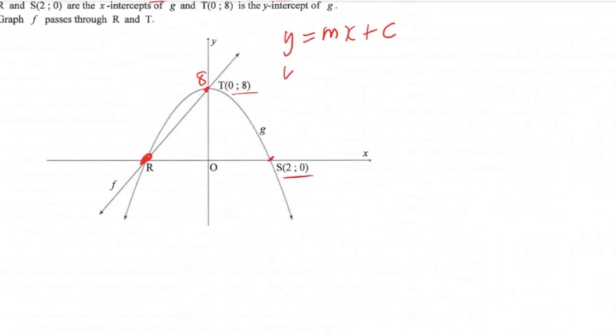The only information that you have here is y is equal to mx plus 8. That's the only information that you have. You don't know this one because you don't know the value of your x here. So for you to find the value of your x, you would have to do what?